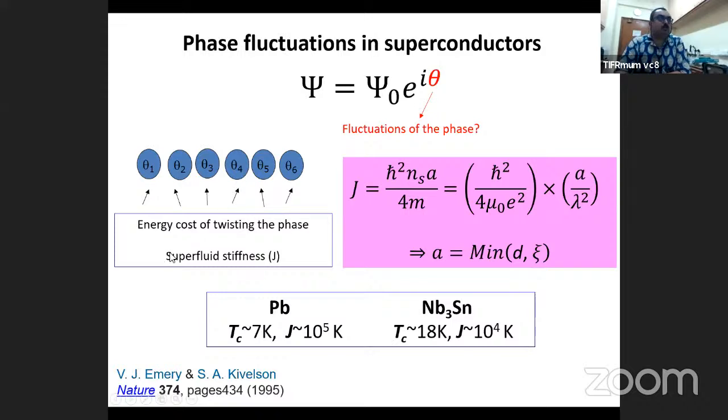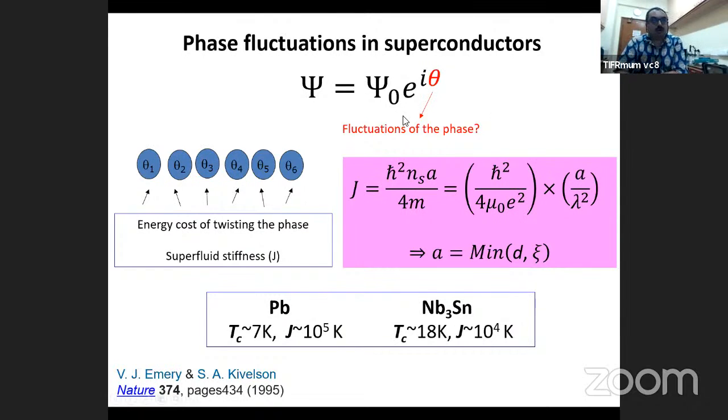Okay, so by now you know very well what the superfluid stiffness is and how we define it. It's the energy cost of providing a unit twist over a unit length, which is nothing but grad of theta, so grad of theta mod square.